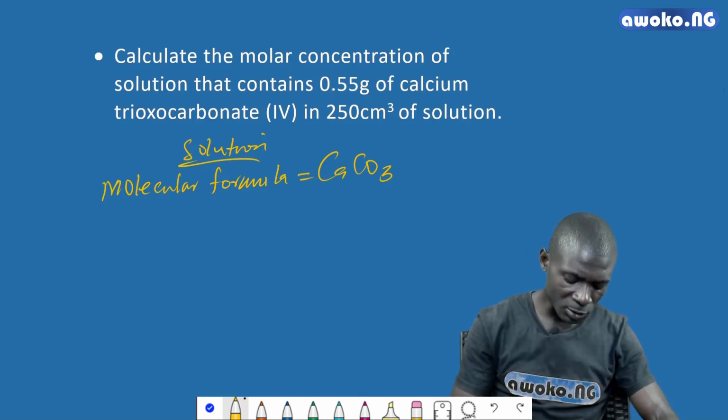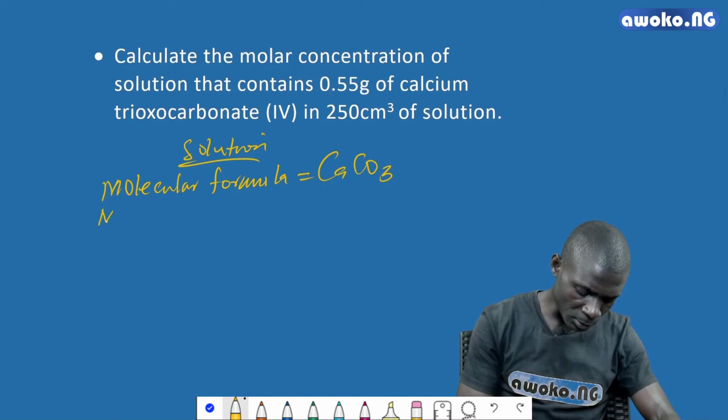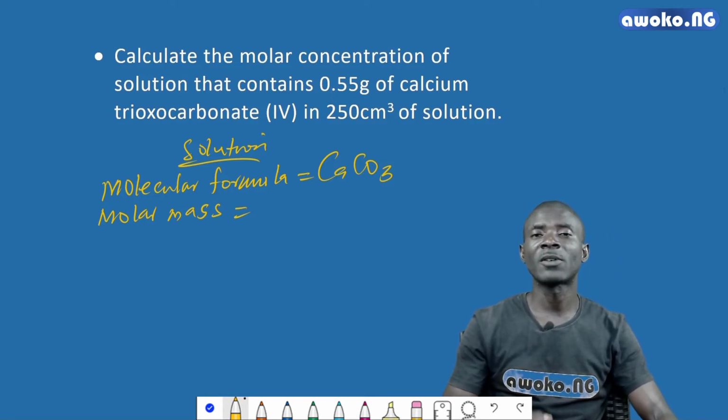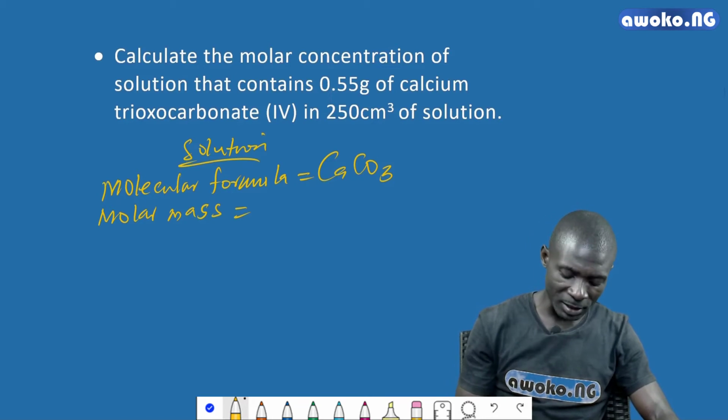Now the next thing we do is to look for the molar mass. So the molar mass of calcium trioxocarbonate (IV) is, we simply multiply the number of atoms by the atomic masses of the elements and we sum them together. So here we have the number of atoms of the individual elements as this.